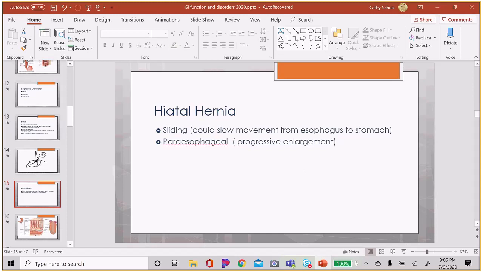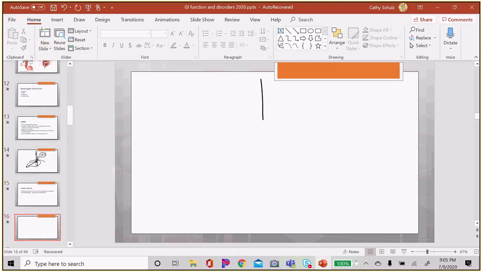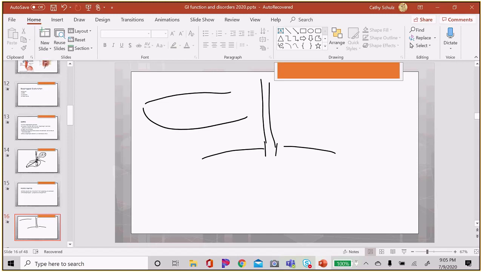The next thing that commonly happens in this area is a hernia at the site of the diaphragm. So the esophagus is going down through the diaphragm. If we were looking at the diaphragm downward, there is a hole in the diaphragm that's supposed to allow the esophagus to go through. Anytime there's a hole in a muscle, that's a natural weak point.